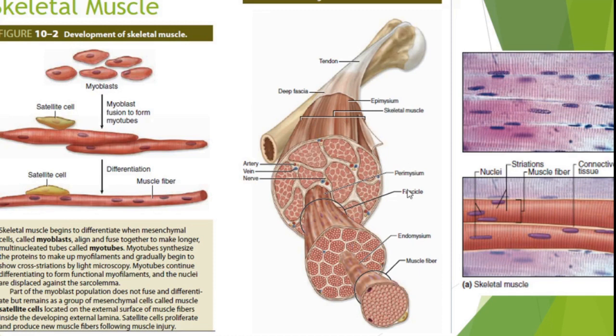So, i-discuss ko ngayon dito ay yung mga connective tissue covering of the skeletal muscle. Namely, we have the epimysium, the perimysium, and the endomysium. I-discuss natin yan from the outermost layer hanggang sa innermost layer, hanggang doon sa muscle fiber.